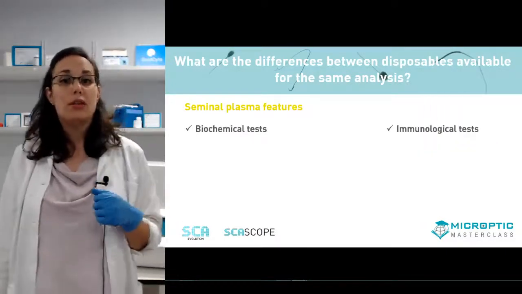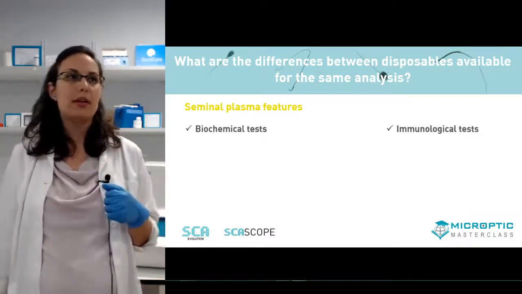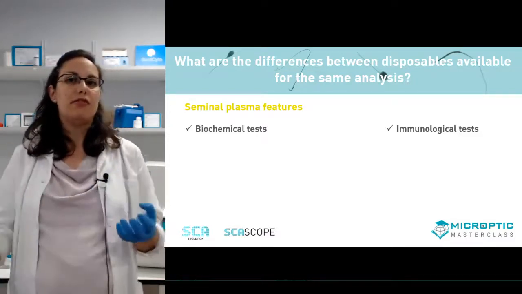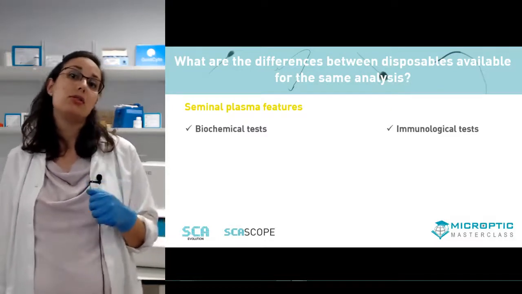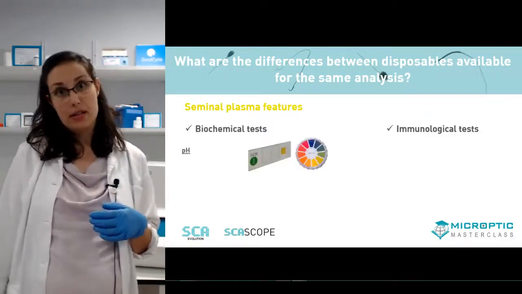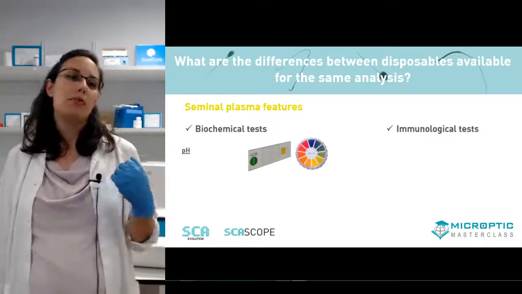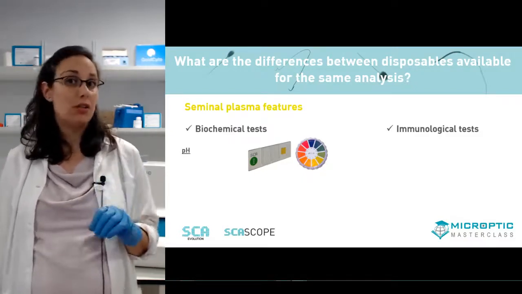In the same way that we evaluate viscosity or this type of feature of the seminal plasma, it is important to take into account the biochemical tests, especially the pH assessment that will provide very valuable information about the functionality of the accessory glands.